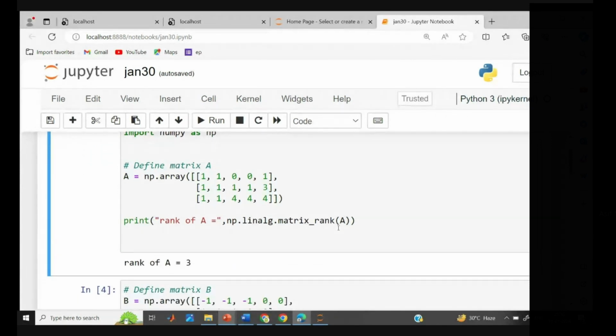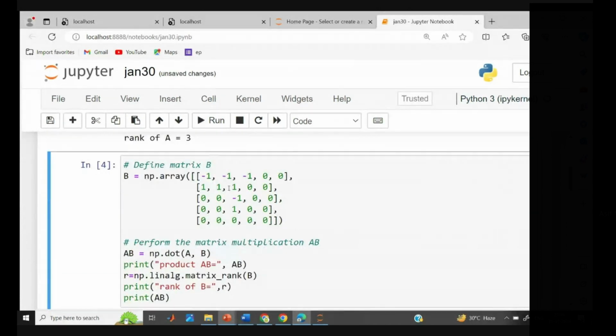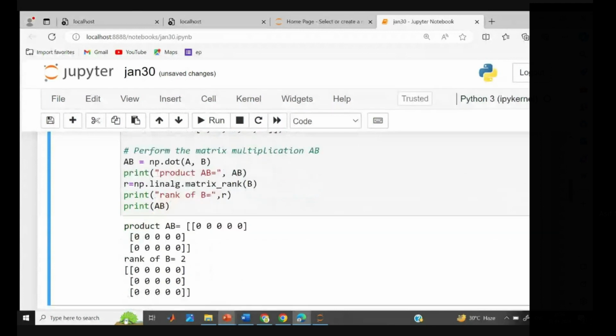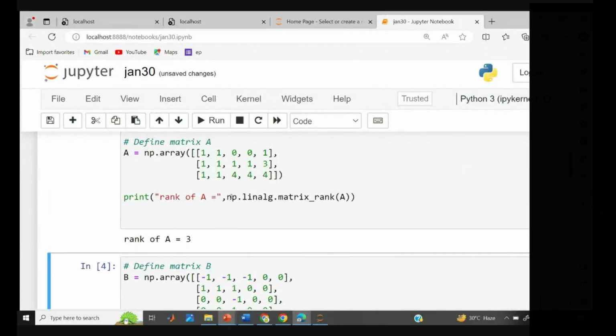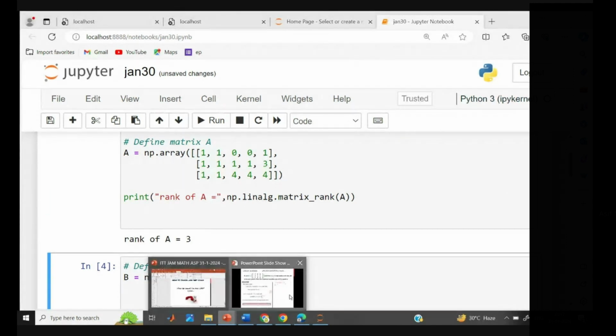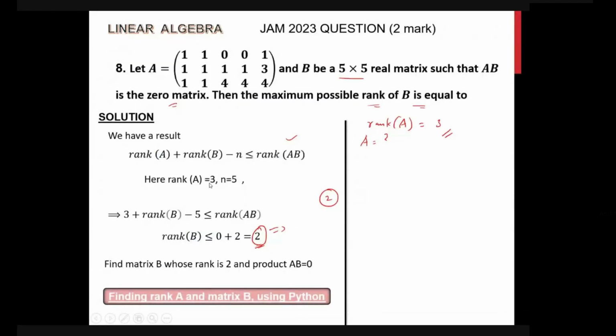If you run this, you will get the rank of A. Rank of A is 3. So we find rank of A. This is the same matrix that we have there.